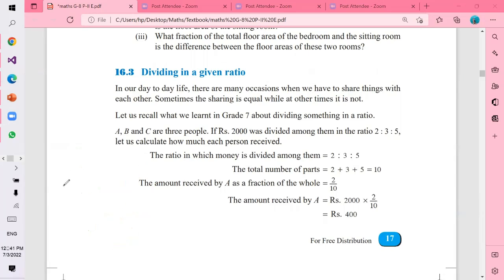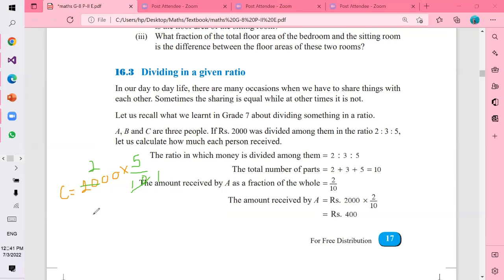Then how to find C's portion? 2,000 multiplied by 5 over 10. Then we know the simplification process. Then what is the answer?